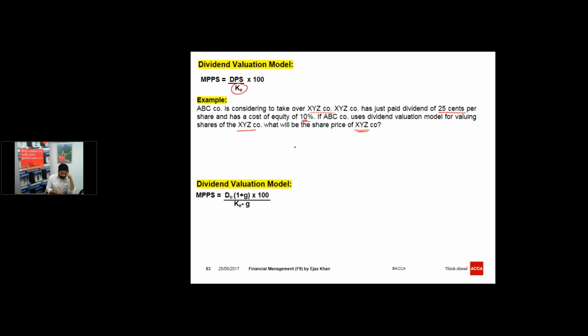So all we have to do is take the dividend that they have paid, that is 25 cents, and divide it by the cost of equity, that is 0.1. What's the answer? 250 cents or $2.5, right?